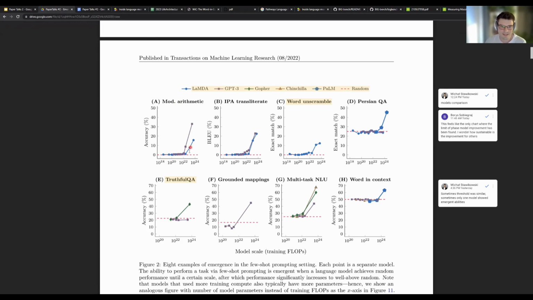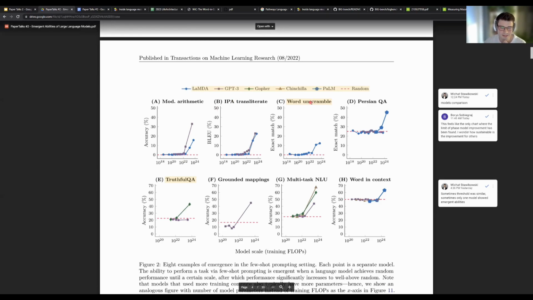Only after some size they can start performing this task that was too hard for them before, and it isn't increasing gradually, but after some threshold they are, wow, now I understand this, I can perform it. So this is what is special about this phenomenon.